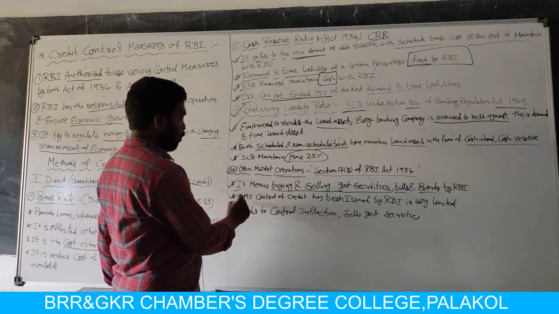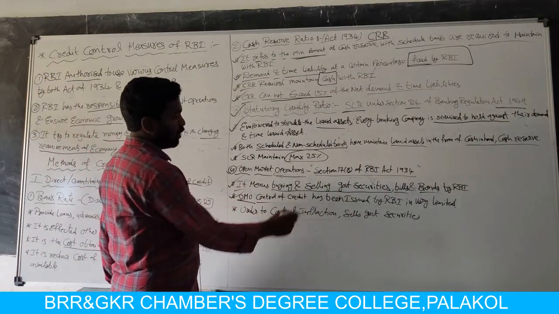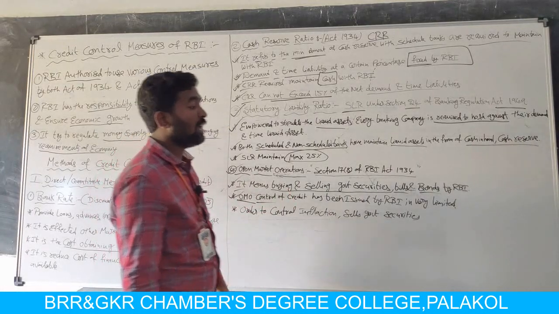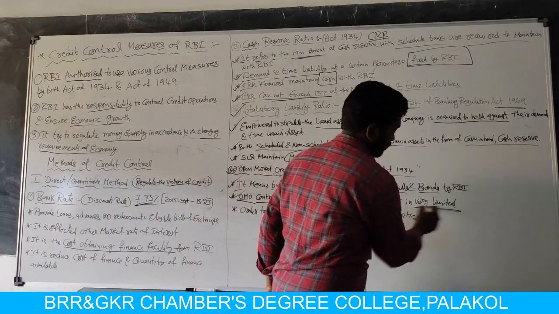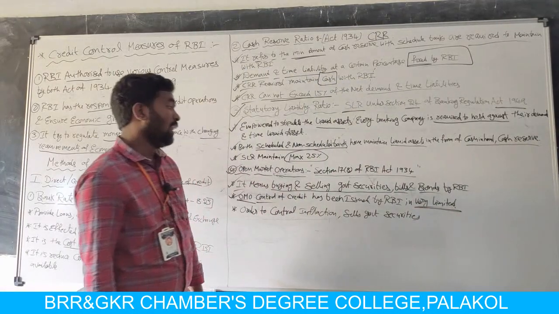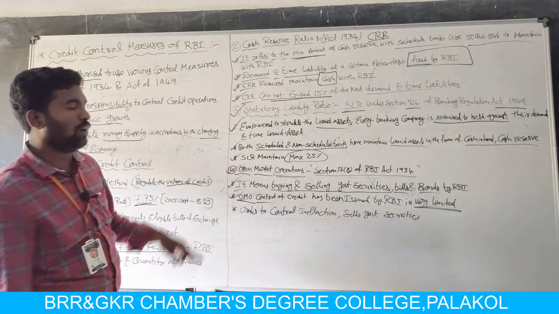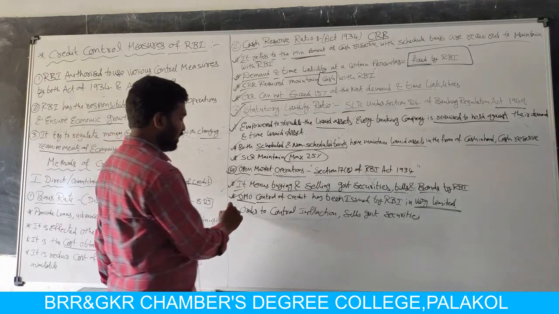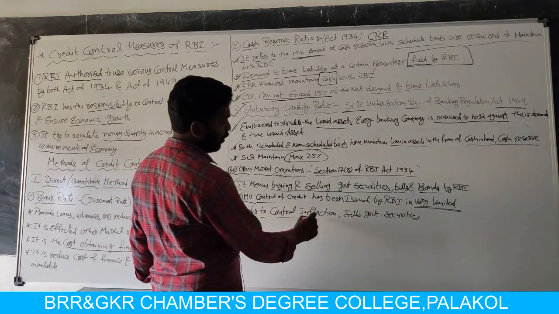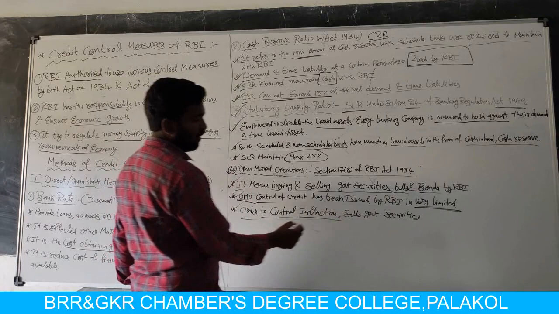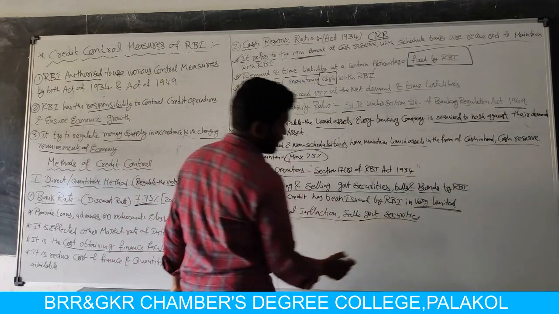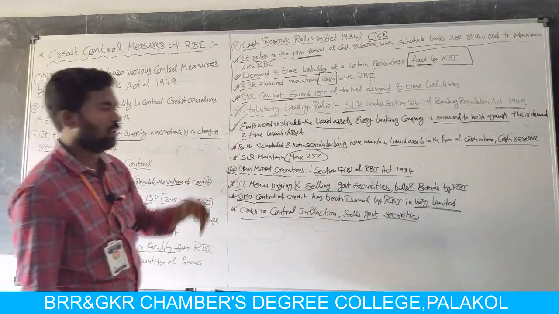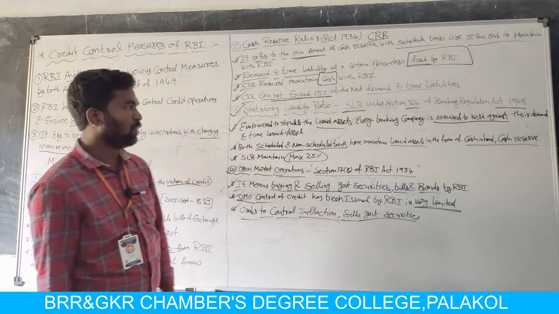And second, control of credit has been exercised by RBI in very limited form. In order to control inflation, RBI sells government securities, it means sale of government securities.